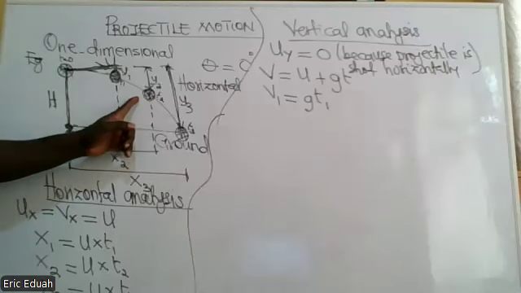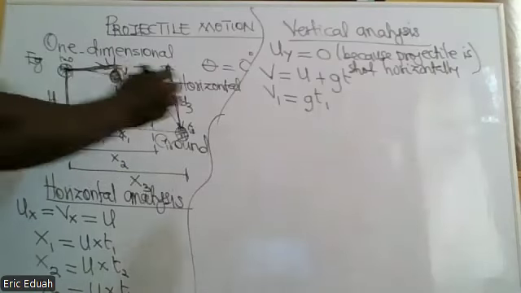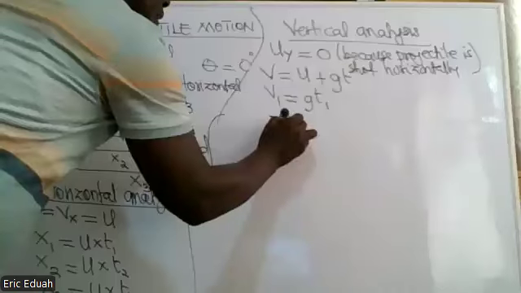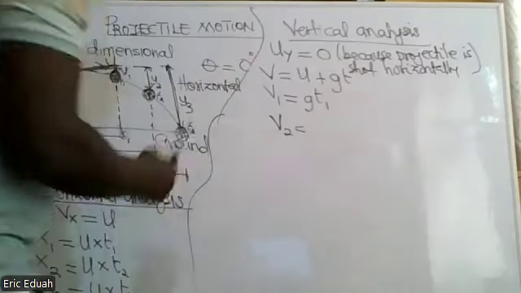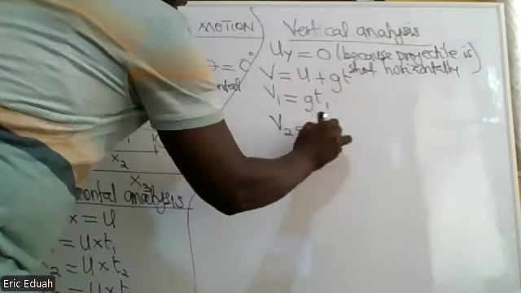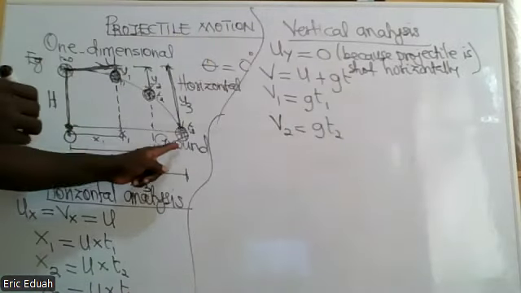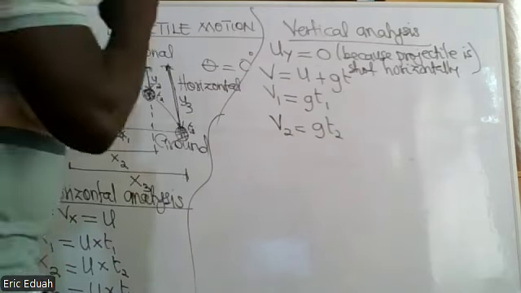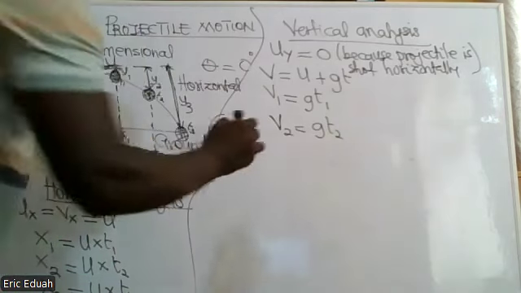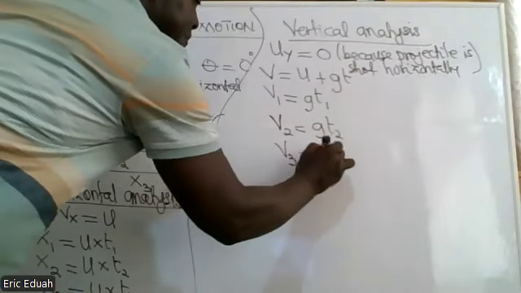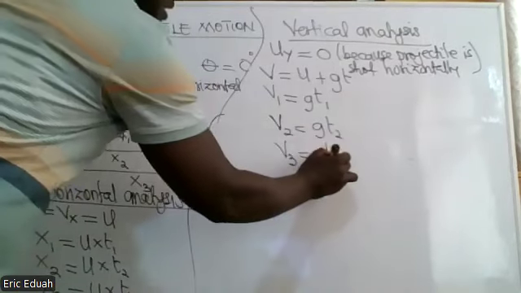When it gets to this point, and I want to find the velocity there, V2 will be equal to g times t2, because u is 0. Just before it drops to the ground, V3 would be equal to g times the time of flight.